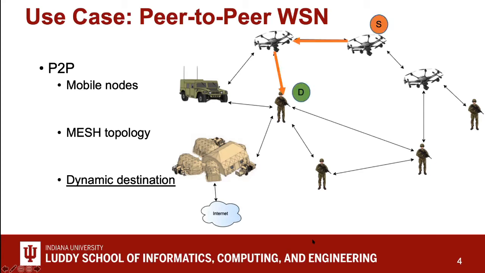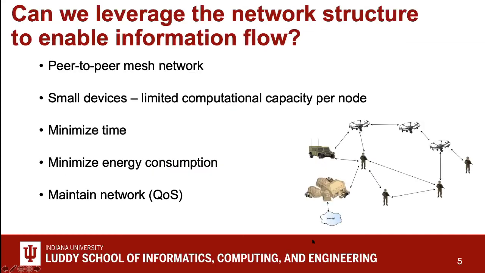You can see here you have a source going to the destination in the middle through multiple hops. But then that same destination could become a source of data for another stream, or that same destination could actually be a throughput node going to another destination. So this adds some complexity to the network and allows for different opportunities for routing.